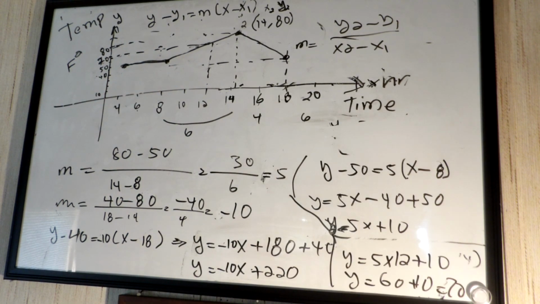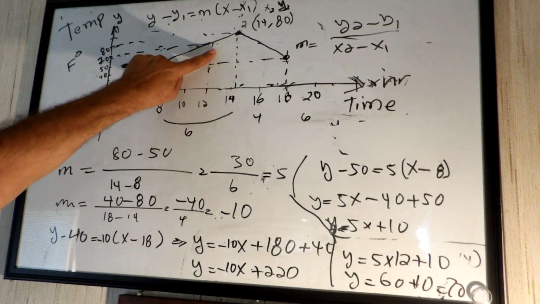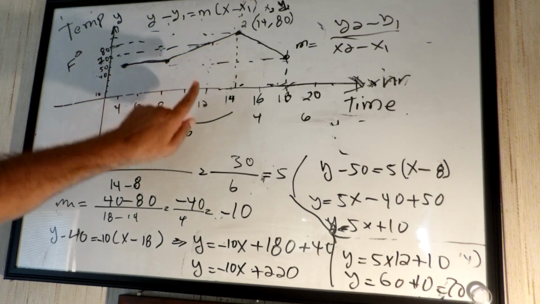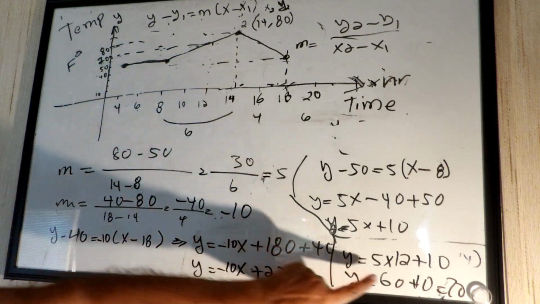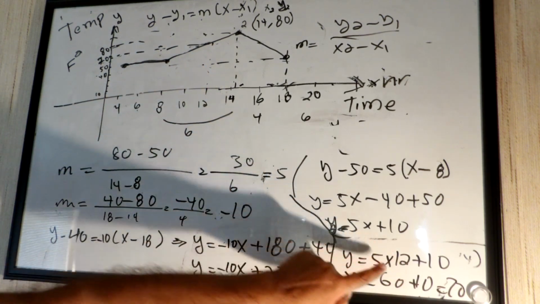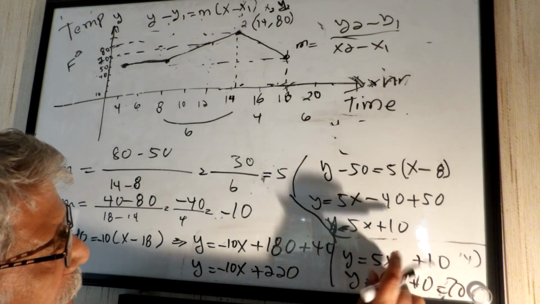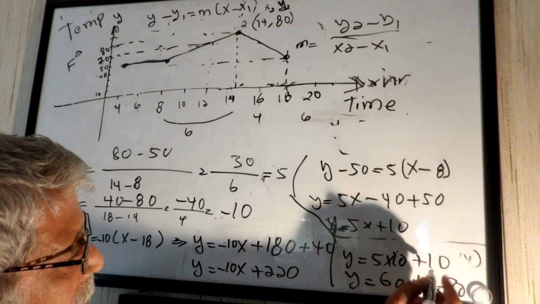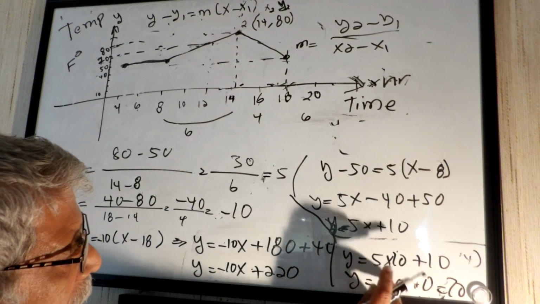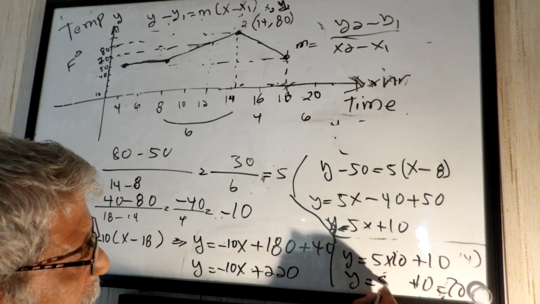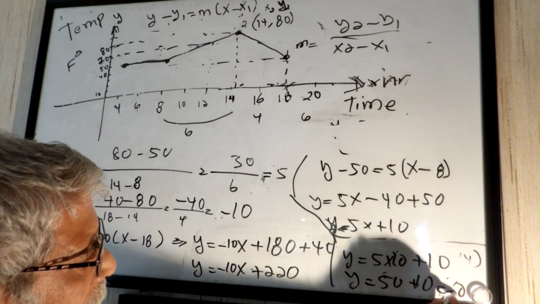So if you find a point in the middle somewhere, you can give x, whatever x is. If you put 10, 50 plus 10 is going to be 60.